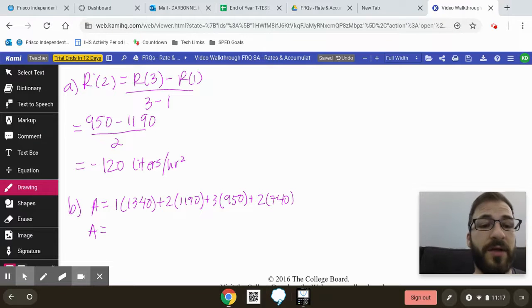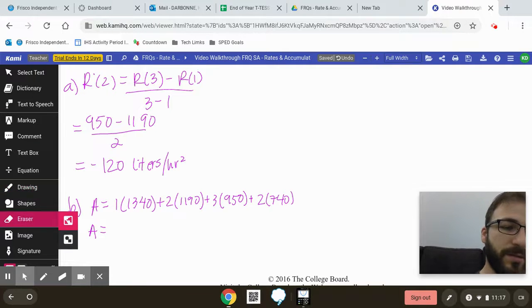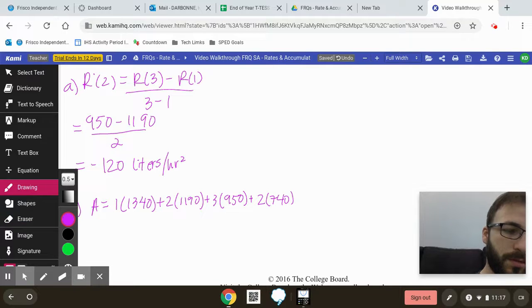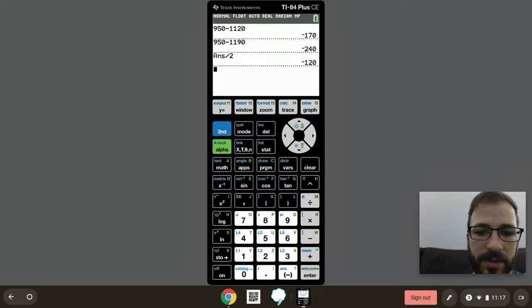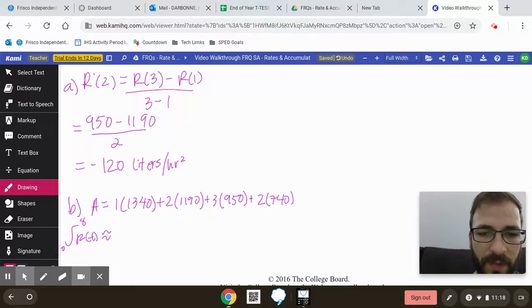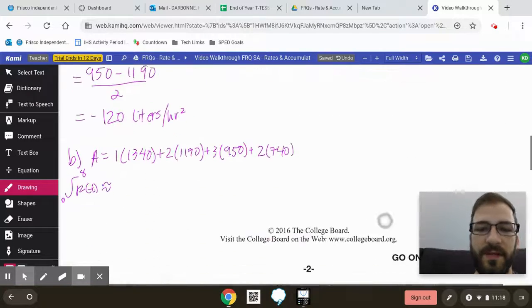Remember, this is estimating the area under the curve, so this is estimating the integral from 0 to 8 of R of T. And use our squiggly equal signs to show that it's just an estimation. Okay, so then type all that into our calculator. So 1 times 1340, that's just 1340. So 1340 plus 2 times 1190 plus 3 times 950. It is 950.